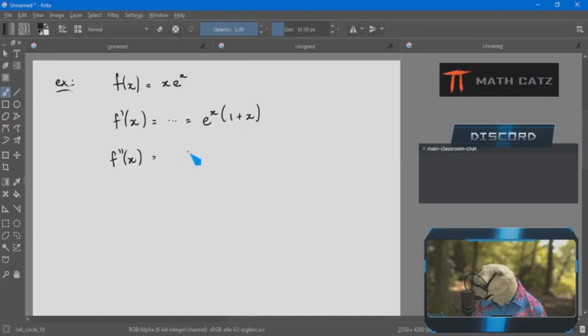So clearly a product rule. Derivative of the first times the second plus the first times the derivative of the second. Now those both look like e to the x, but the first one I took the derivative and the second one I didn't.